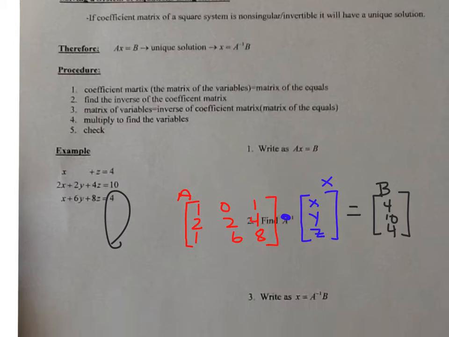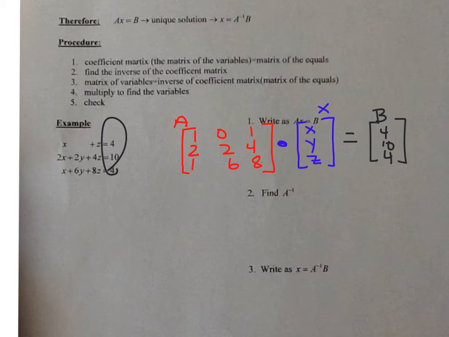The inverse of matrix A comes out to be -4, 3, -1, then -6, 7/2, so change that into a fraction, -1, then 5, -3, 1.